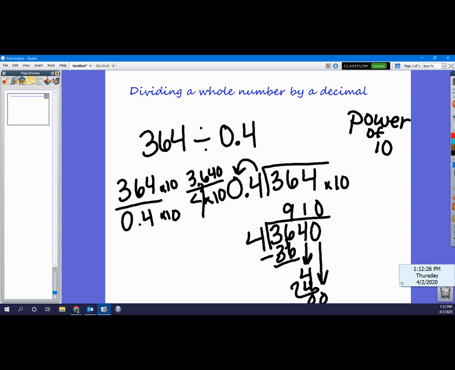And that answer is going to be the same answer for our original problem. So 364 divided by 4/10 equals 910.